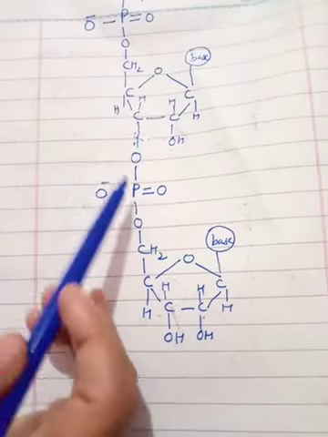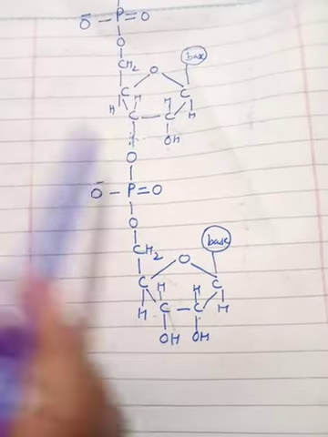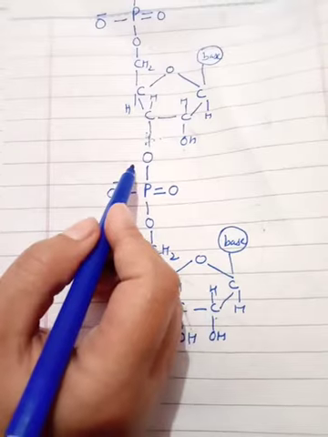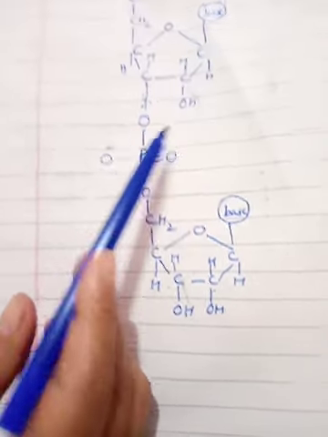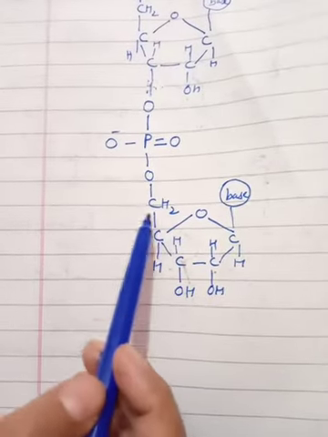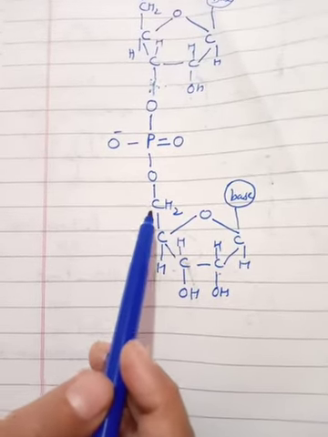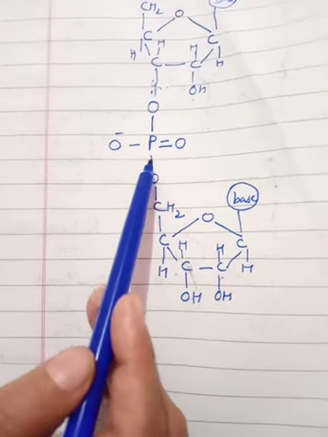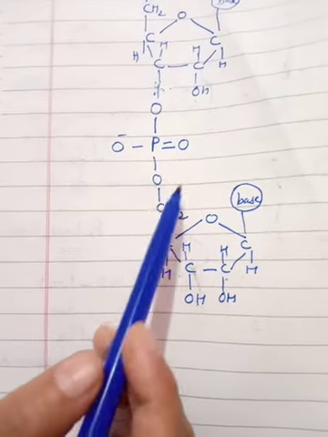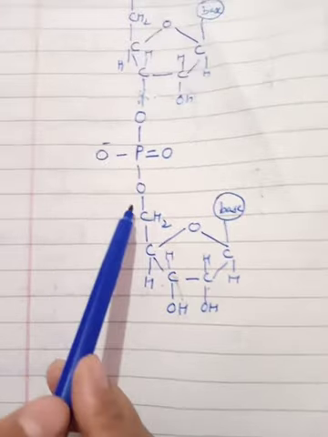Now students, you can see that there is a CO bond, called an ester bond, which is connecting two adjacent nucleotides together, and another CO bond is present within the nucleotide, which is making a link between ribose sugar and the phosphate group. So two ester bonds are there.